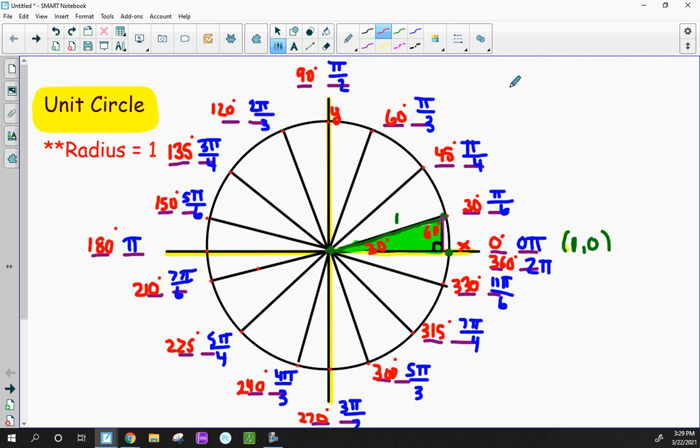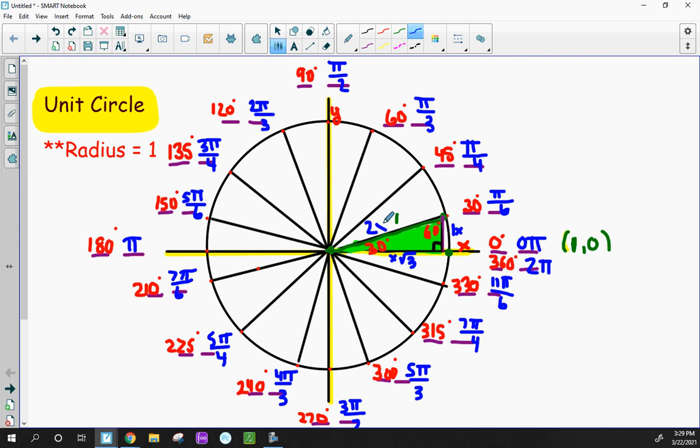Taking our knowledge of a 30, 60, 90 triangle, we now know that the ratios across from these angles are important. There's always a pattern to them. Across from 30 degrees is 1x. Across from 60 degrees is x square root of 3. And across from 90 degrees is 2x.